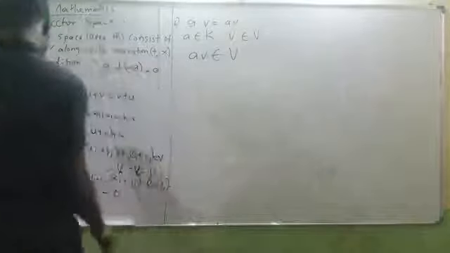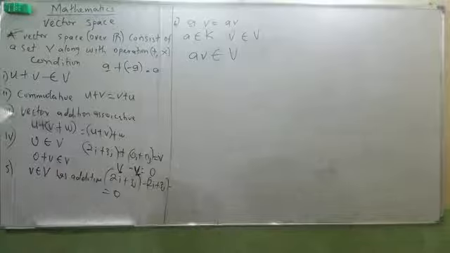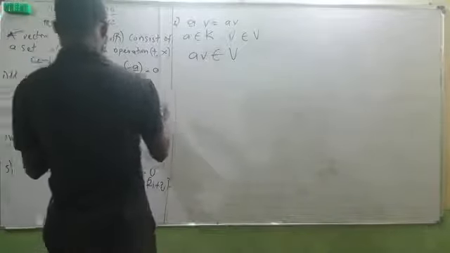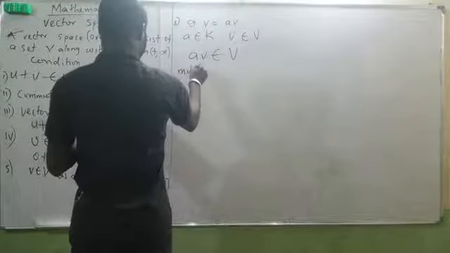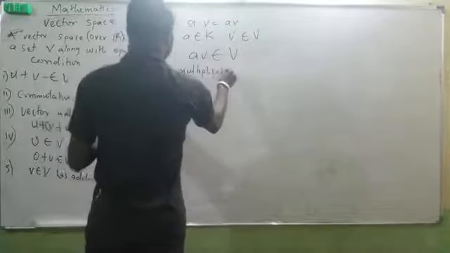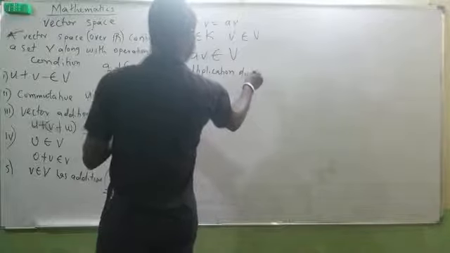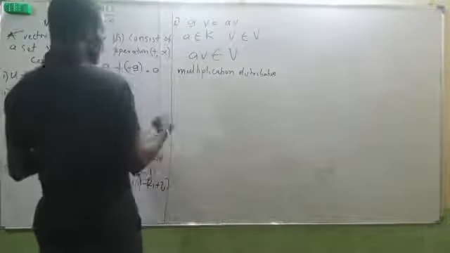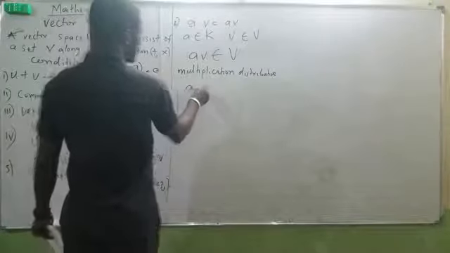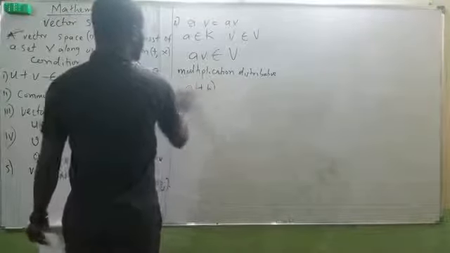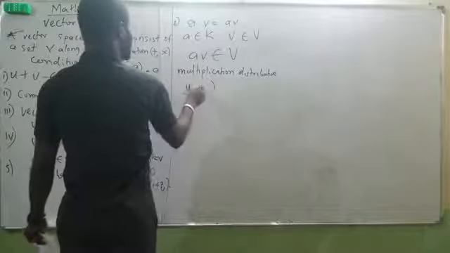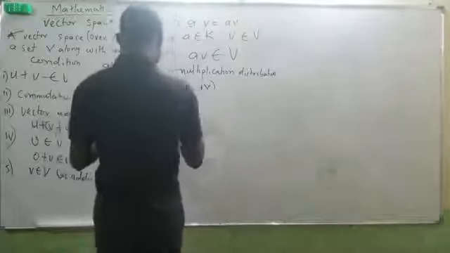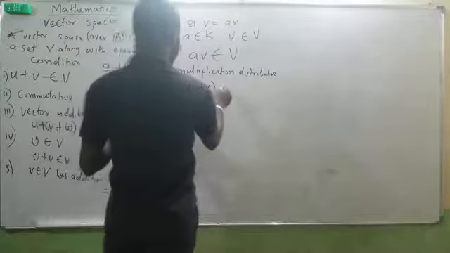Another thing you need to understand is that we have what is called distributive multiplication, distributive over scalar, which is if I have a times (u plus v). Okay, let me use v, I've been using u and v, and I have w.